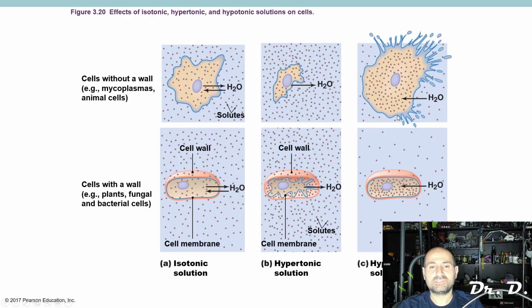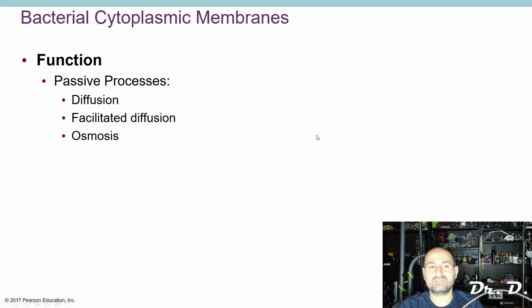Okay, so all of these were examples of passive transport, a passive process. You know what passive means? Hopefully you remember that from Biology 1406. I just want to give you a quick refresher. Passive means that no energy is required.